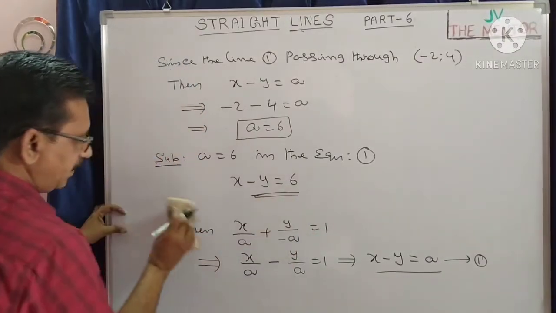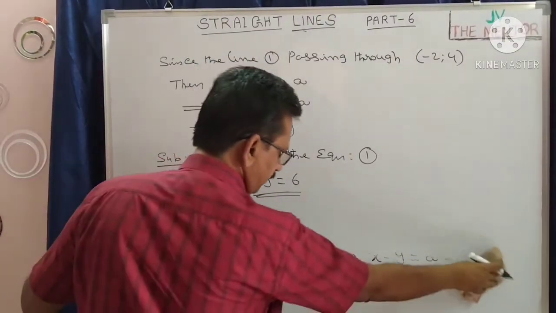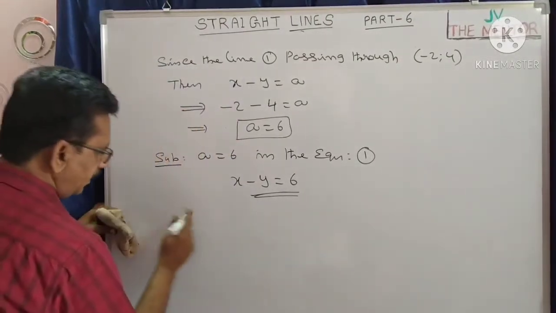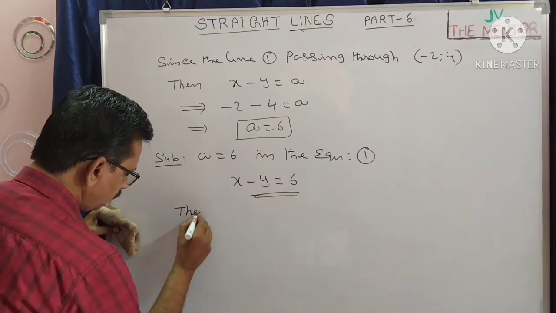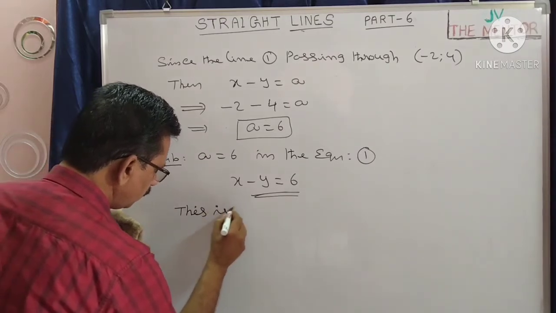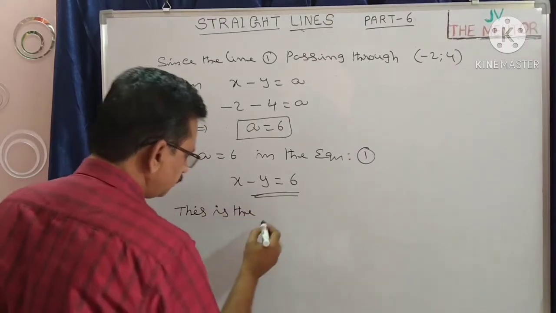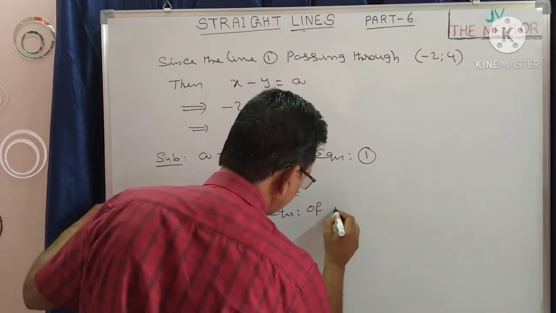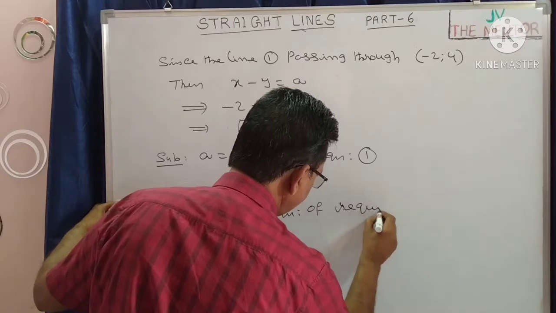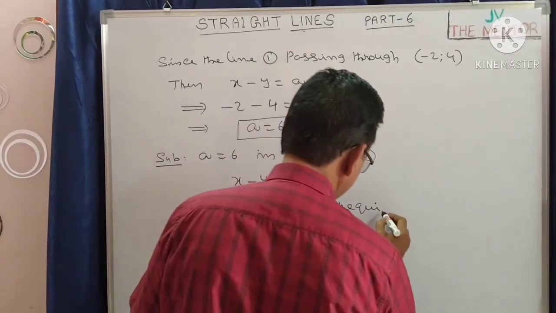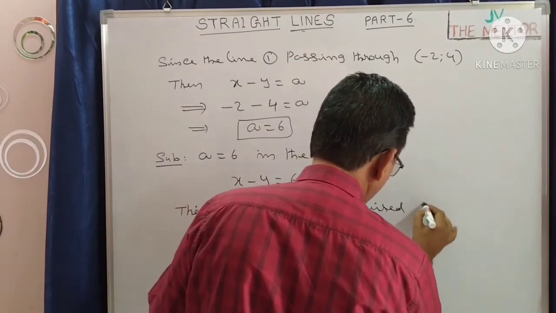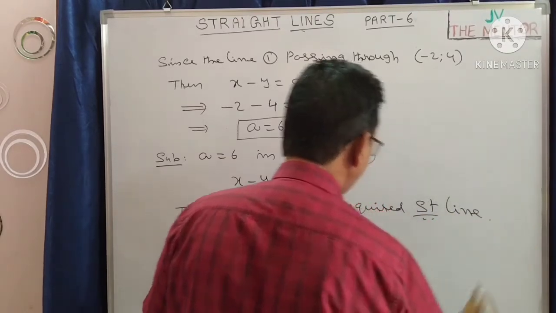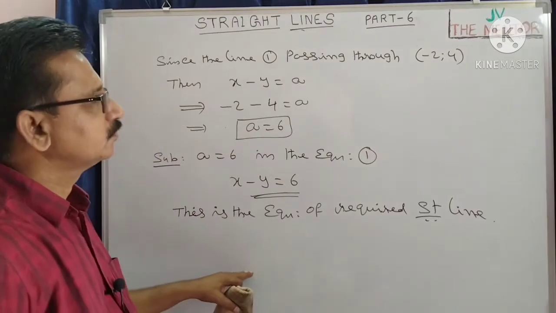So this is the equation of the required straight line. Okay. Right. Okay.